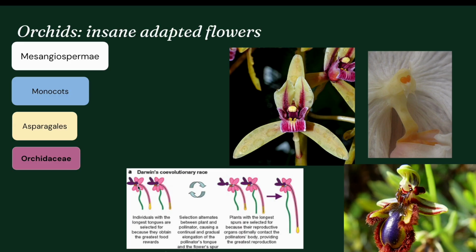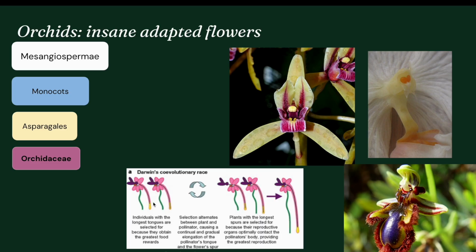And so he hypothesized that only an insect with a really long proboscis could reach the nectar, and only that insect would fit perfectly into the flower, like a hand in a glove, like I was saying before. And this was probably brought along by coevolution, as explained in this diagram.